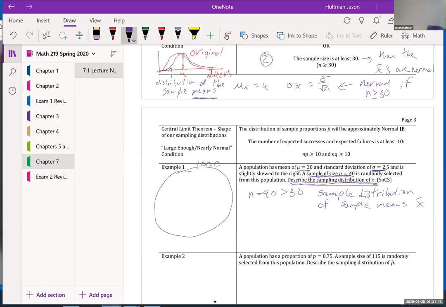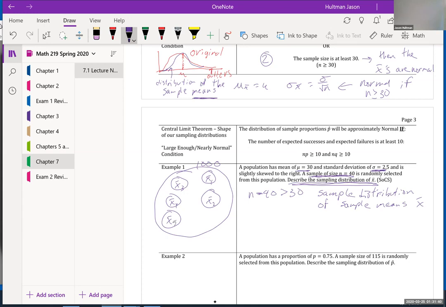We're taking a sample of 40 and we're finding the average. We're taking another sample of 40 and finding the average, and another, and another, and we're getting all of these averages.